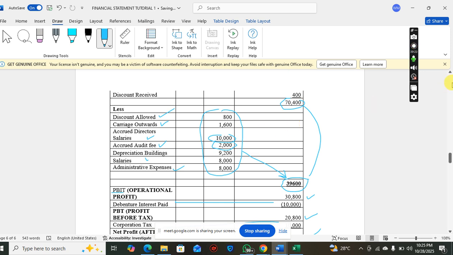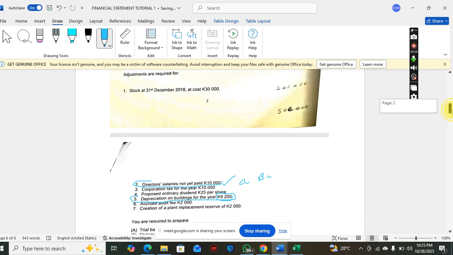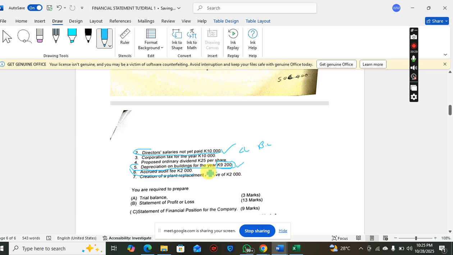Even this corporation tax, since it's been put here in the additional information, corporation tax for the year 10,000, it's not in our trial balance, meaning it hasn't been paid. They have just told you corporation tax for the year, so this will also appear as a current liability because it hasn't been paid. They would have told us in there tax paid 10,000.